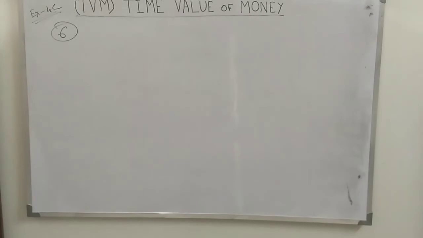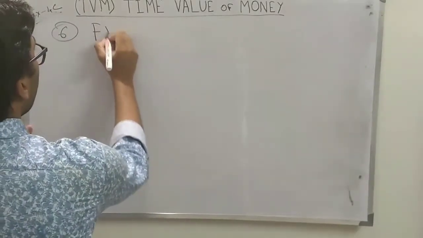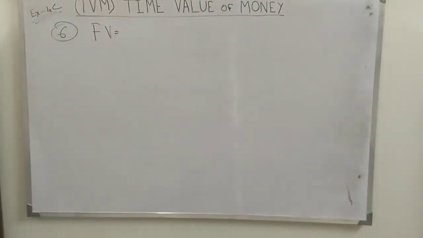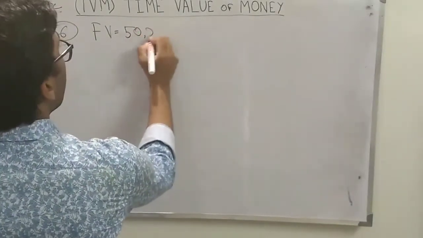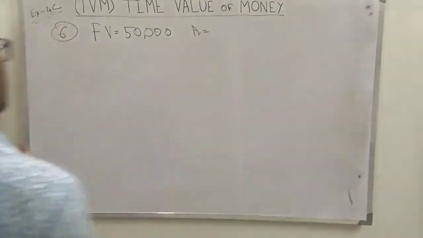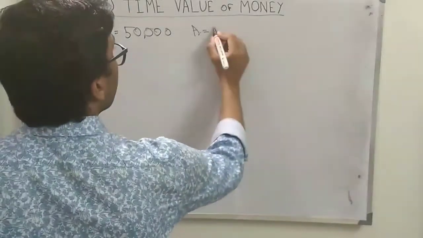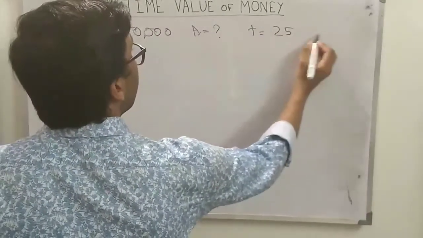That means future value is given as rupees 50,000. Annuity has been asked. After 25 years, T is 25 and R is 0.05.